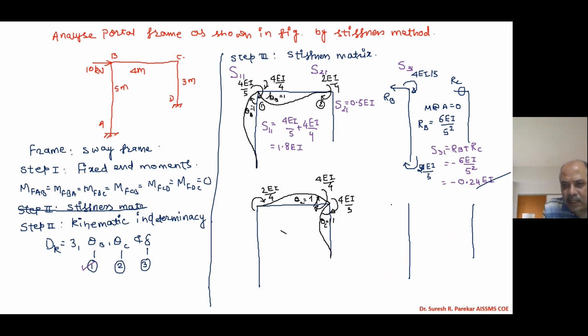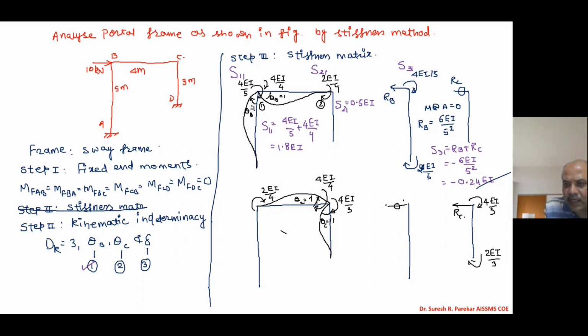Now this will be the reaction, and this will be 0, no moment we have, and here we have 4 EI by 3, and on this side half we have 2 EI by 3, and this value is clockwise.